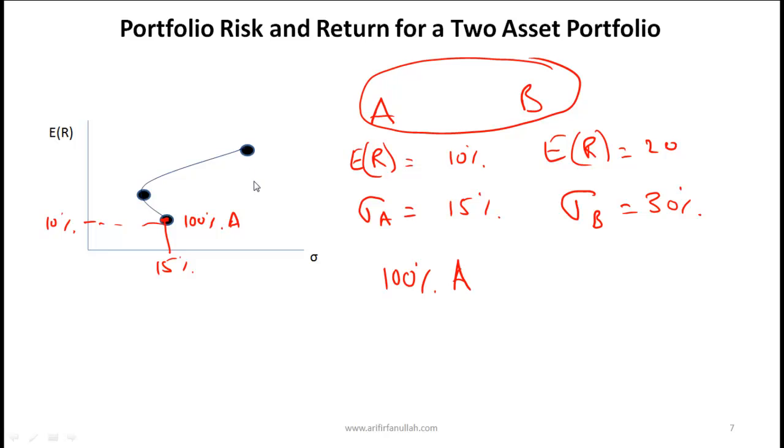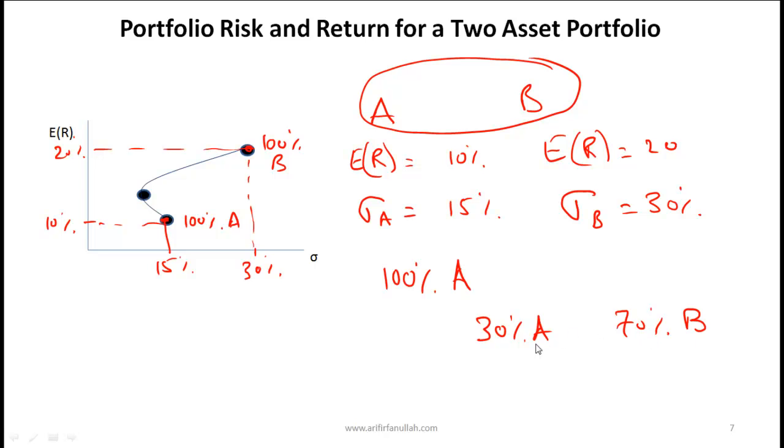On the other hand, if you create a portfolio that is 100% B, then you would have this spot over here with an expected return of 20% and a riskiness of 30%. What happens if you start to diversify? So now you create a portfolio, let's say, with 30% A and 70% of your money goes into B.